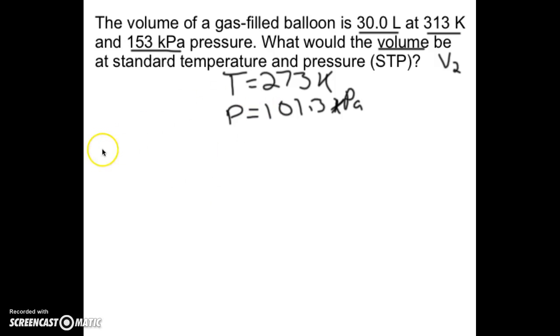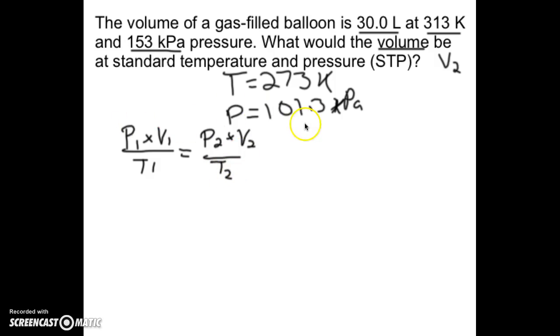All right, now we can plug that into the equation just like we did in the last problem. So we have P1 V1 over T1 equals P2 V2 over T2, and now we're solving for V2 again. So now we can just plug everything in that we know.